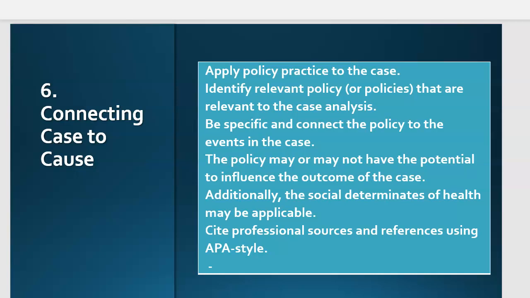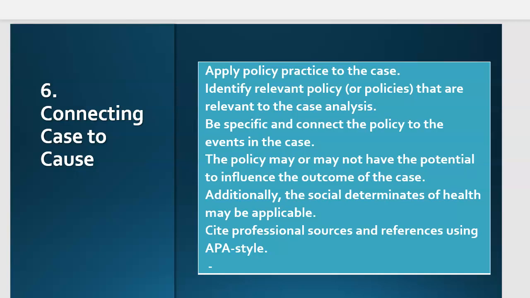But what you want to do is identify a relevant policy. It doesn't have to be more than one policy, but there might be more than one you want to cite that are relevant to your case analysis. You want to be specific. You want to connect the policy to events in the case.